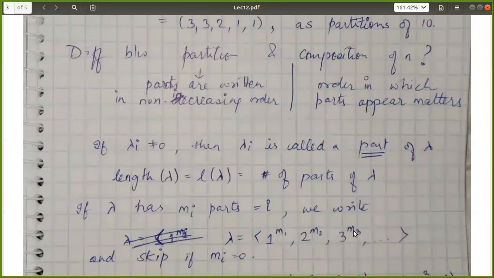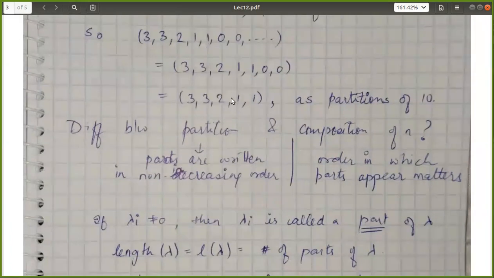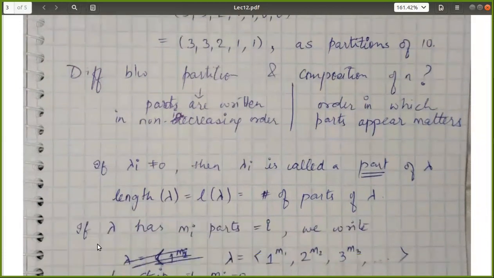It is quite possible that there are some, so for instance, if you see here, there was nothing which was 4. So if lambda has m4 parts equal to 4, then m4 has to be 0.